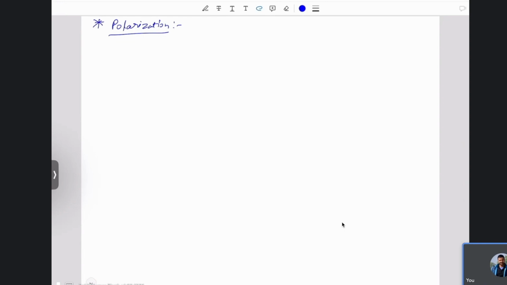Suppose this is your y-axis, this is your x-axis, and this is the z-axis. Now a linearly polarized light.